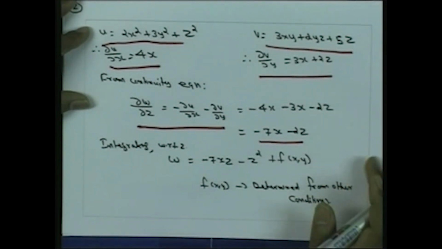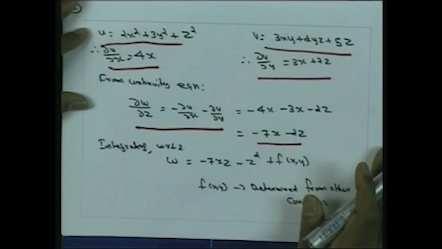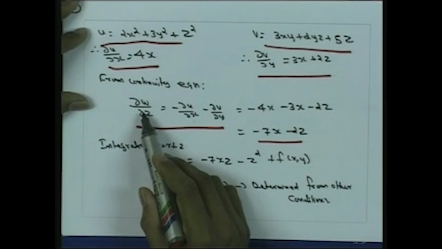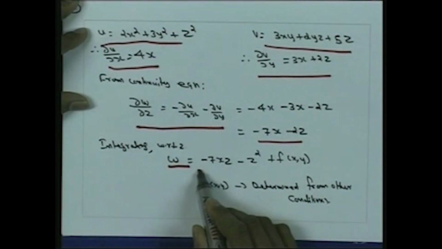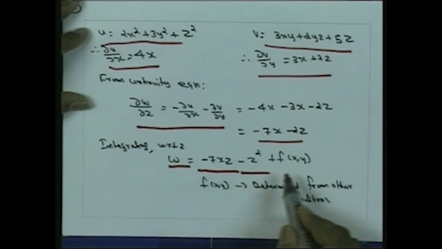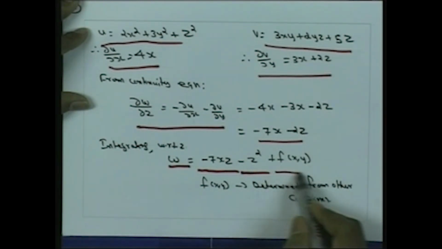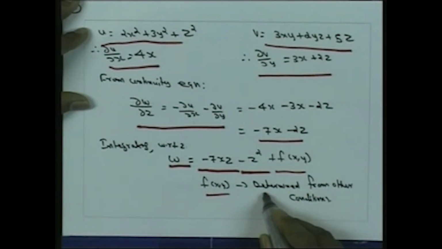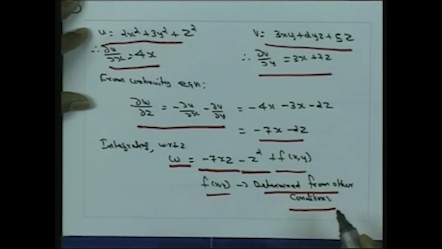Now we want to determine the velocity component in the z direction, w. To get w, we can integrate this del w by del z. On integration we get minus 7xz minus z square plus a constant f(x, y). This f(x, y) we can determine from the other conditions which will be given for the problem.